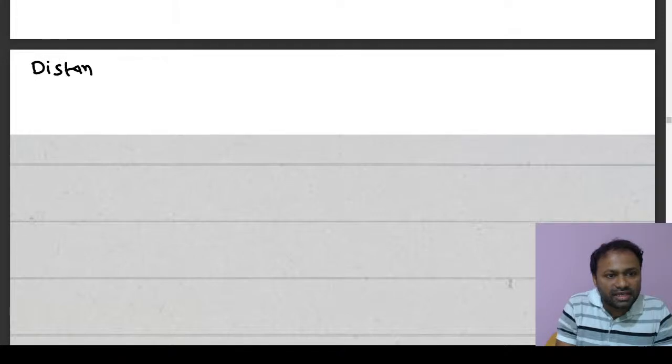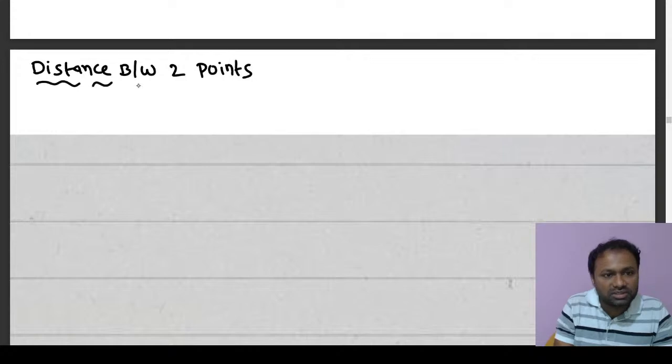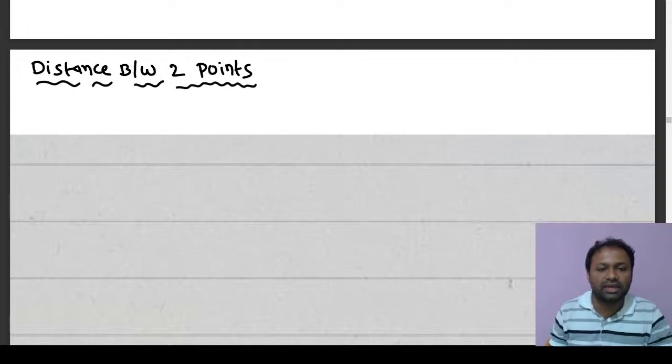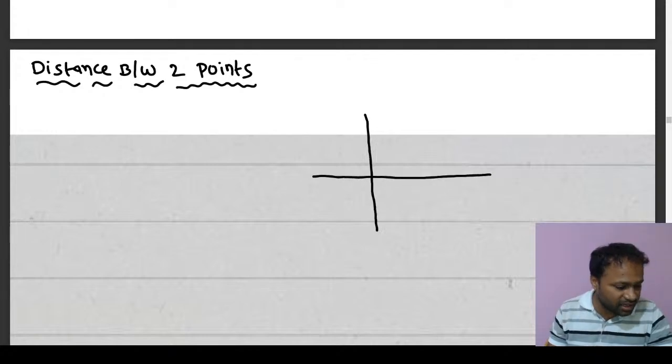After getting the point in the plane, we are moving to one of the important topics: distance between two points. It is most important, and based on this we will have plenty of questions. Suppose I take the x-axis as well as the y-axis.